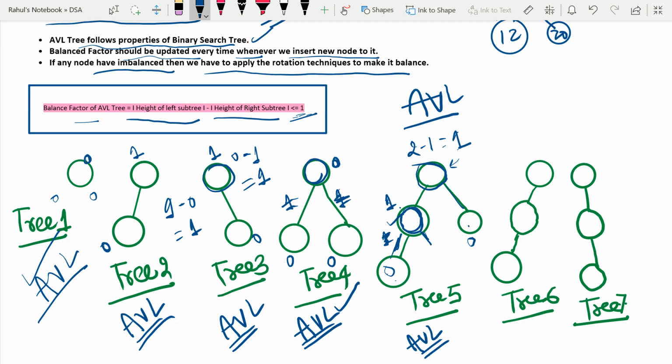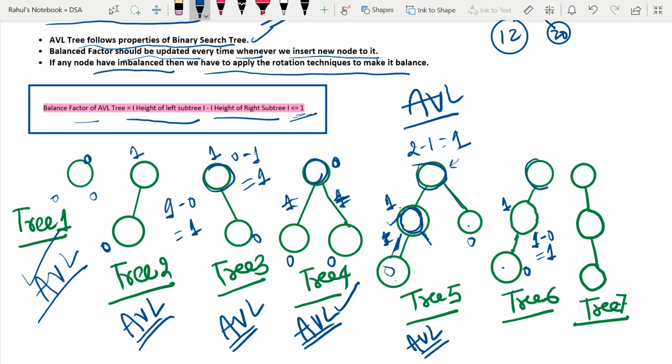Now if we talk about tree number 6, this is a leaf node, so the balance factor of this node is 0. For this node, the balance factor is the height of left subtree, that is 1, minus the height of right subtree, that is 0, since nothing is on the right side, so the balance factor of this node is 1.